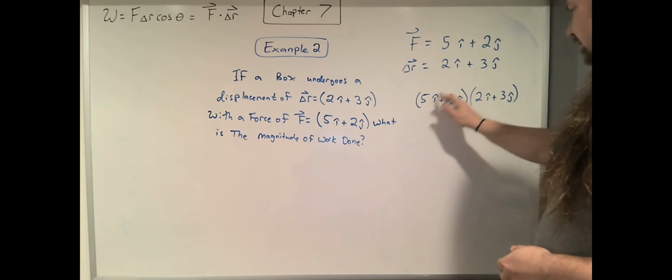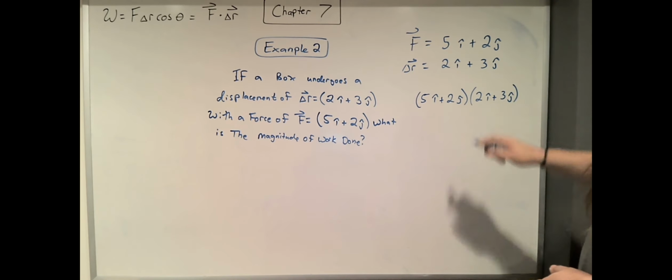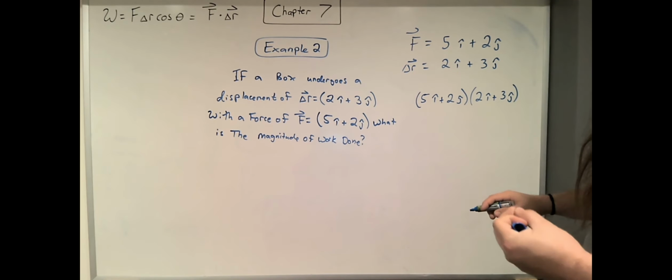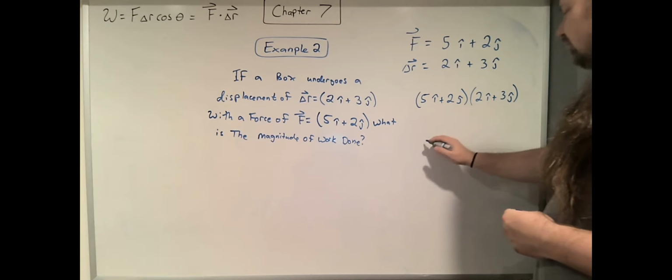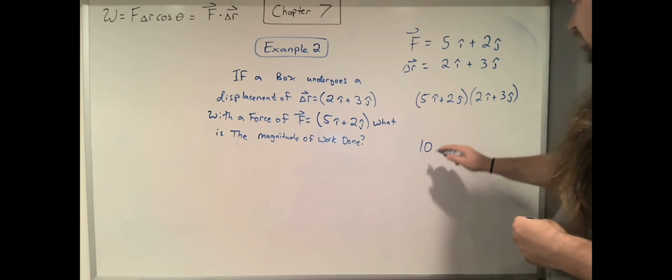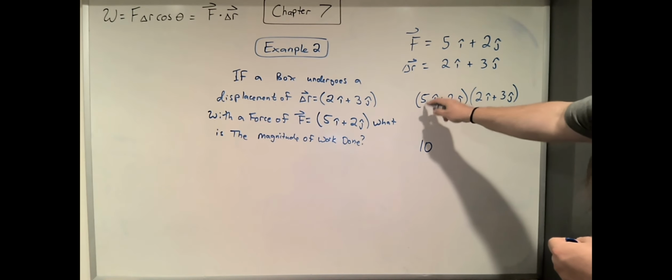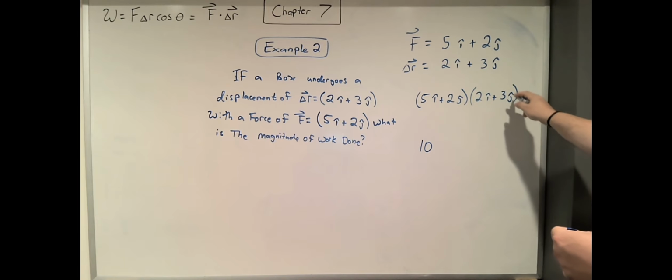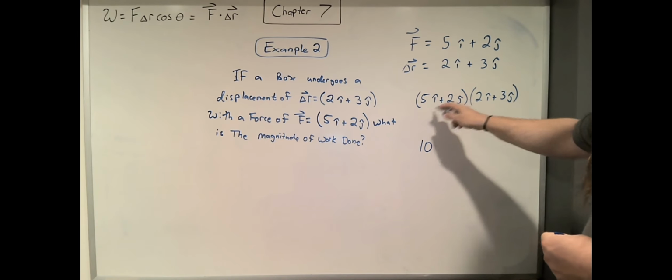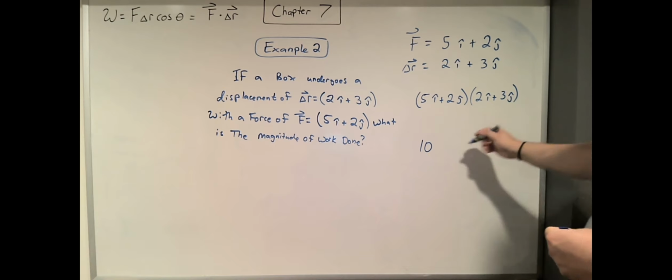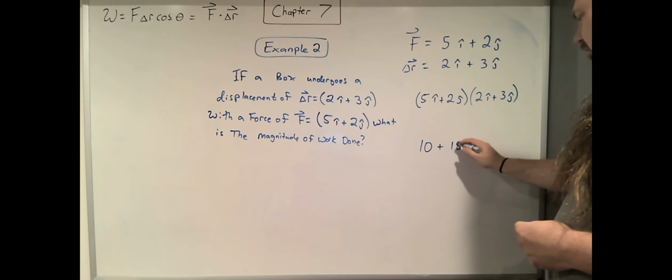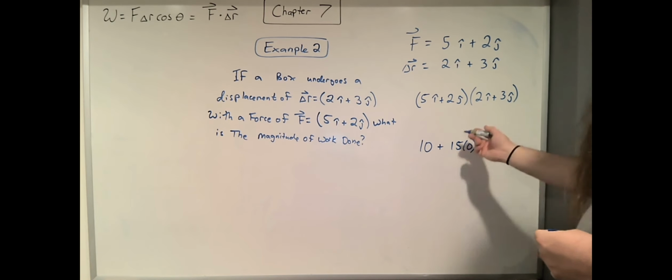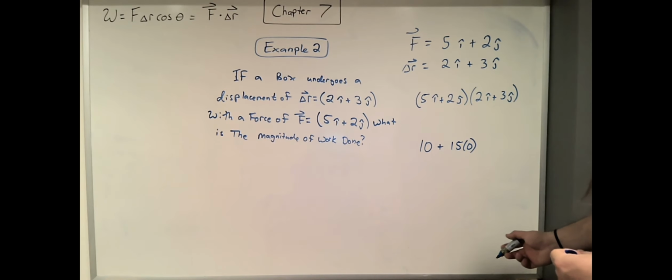So we get 5 times 2 and an i times an i. i times i is 1, and 5 times 2 is 10. Now if I keep going, 5i times 3j gives me 15, but the i and the j make it a 0, so it doesn't count. It's going to fall away anyway.